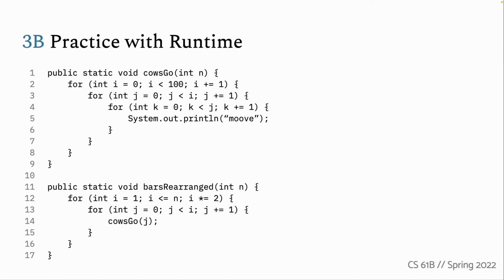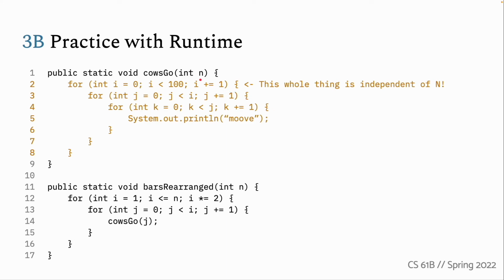Okay, let's go over it together. Let's talk first about this triple for loop going on up here. If you notice, this whole for loop is actually independent of n. i goes from 0 to 100, j goes from 0 to i, and k goes from 0 to j. None of this is dependent on n in any way.